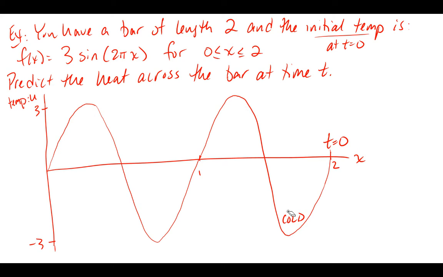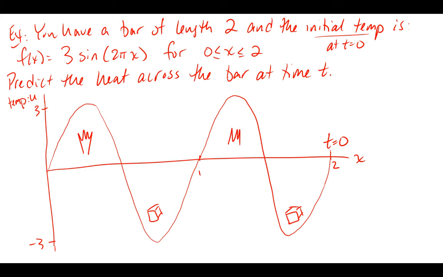So we could tell a little story that says something like, there was fire here, there was ice cubes here, and in between it just sort of is its natural temperature.